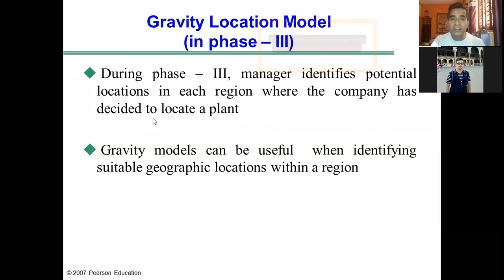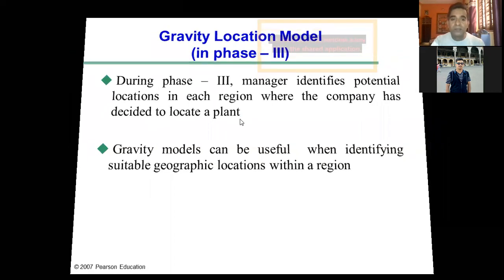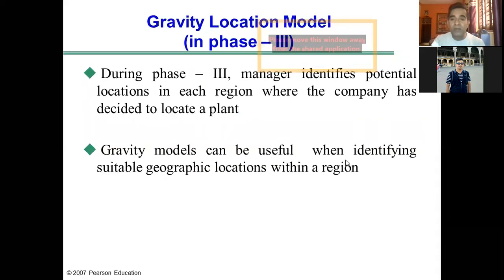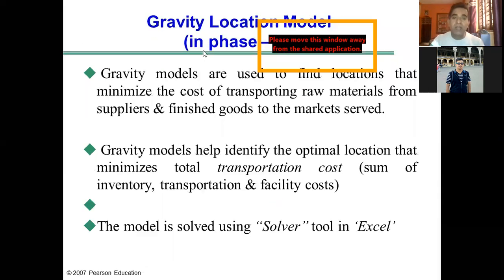Gravity models are useful when identifying suitable geographic locations within a region, for example China, Thailand, Vietnam, or India. They are used to find locations that minimize the cost of transporting raw materials from suppliers and finished goods to the markets served.